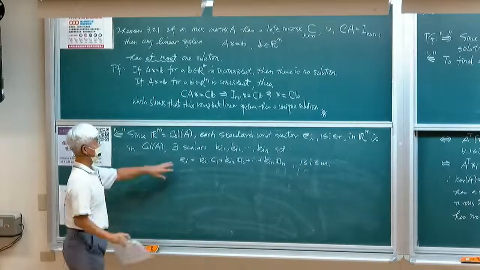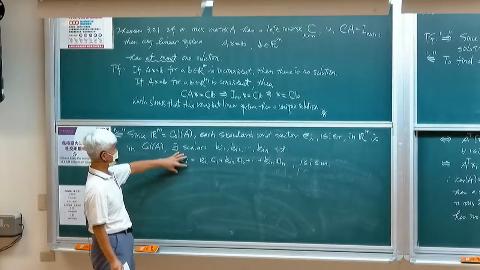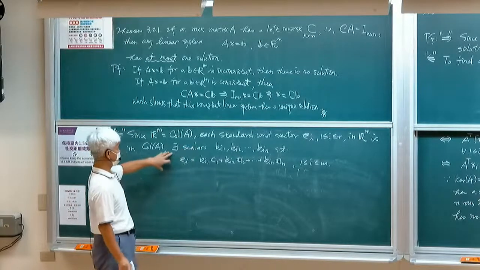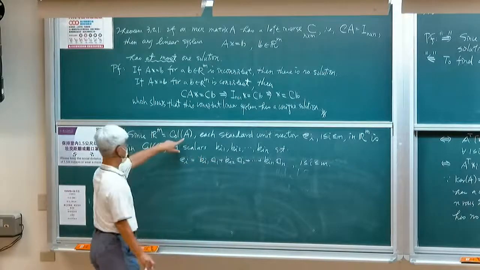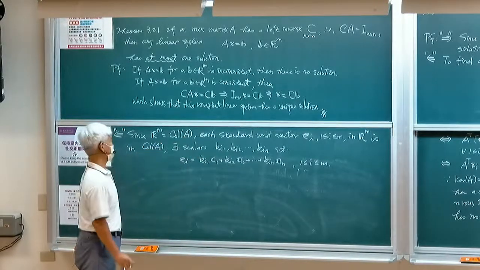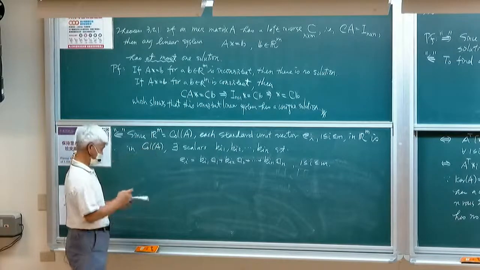So every standard unit vector ei in Rm is a linear combination of the columns of A, because that is in the column space.